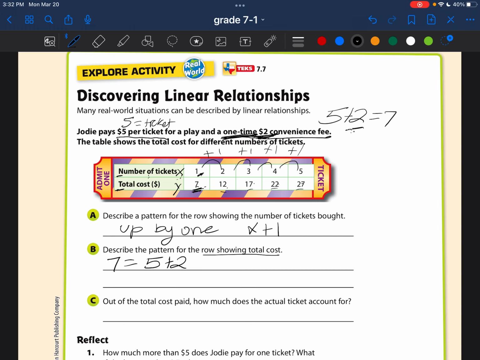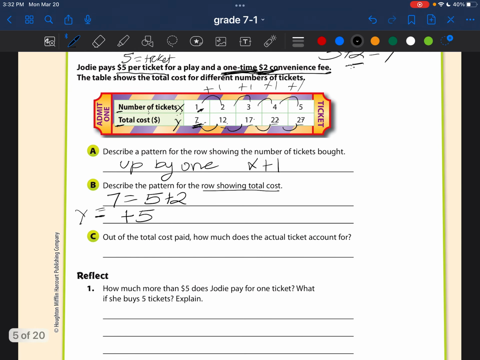Then I'm also going to ask you for the y here. How much are we going up by each time? $5. You should have written plus 5. Out of the total cost paid, how much does the actual ticket account for?